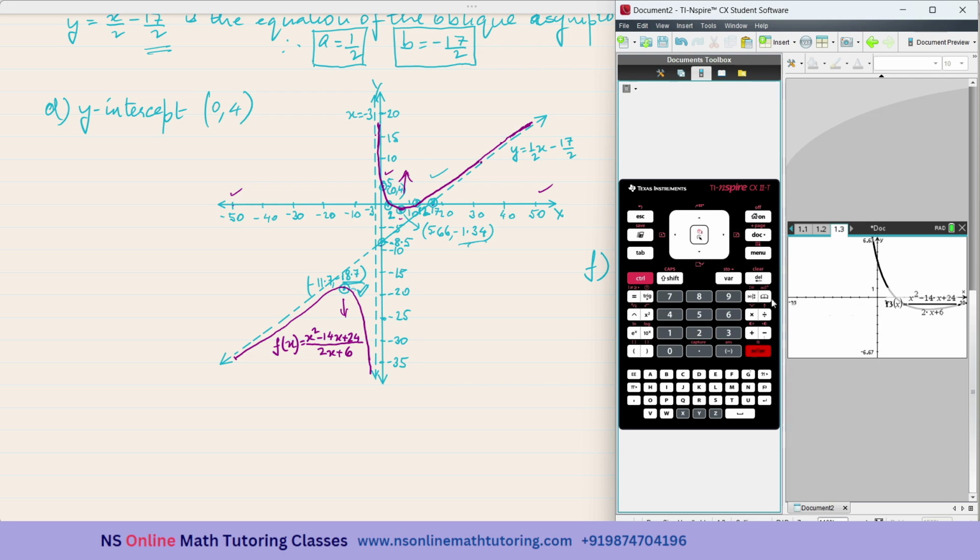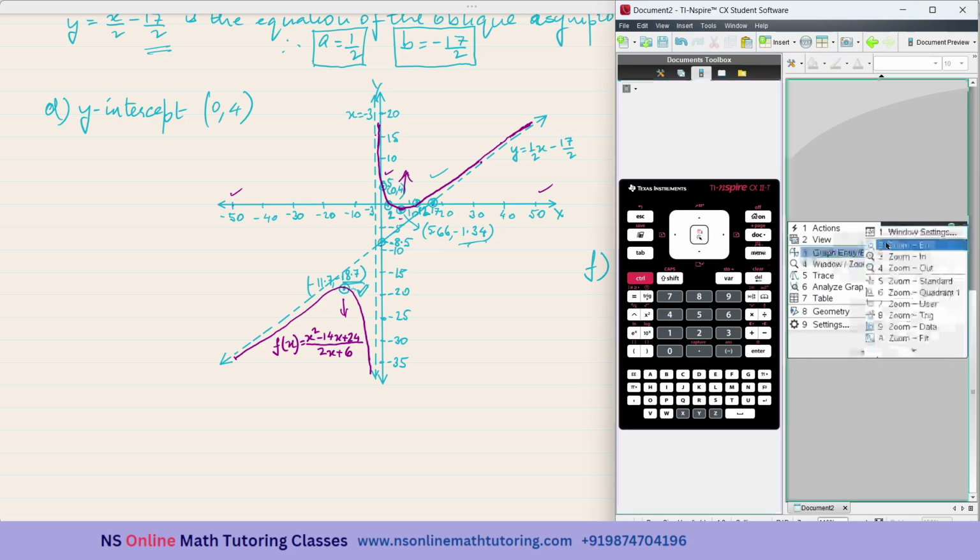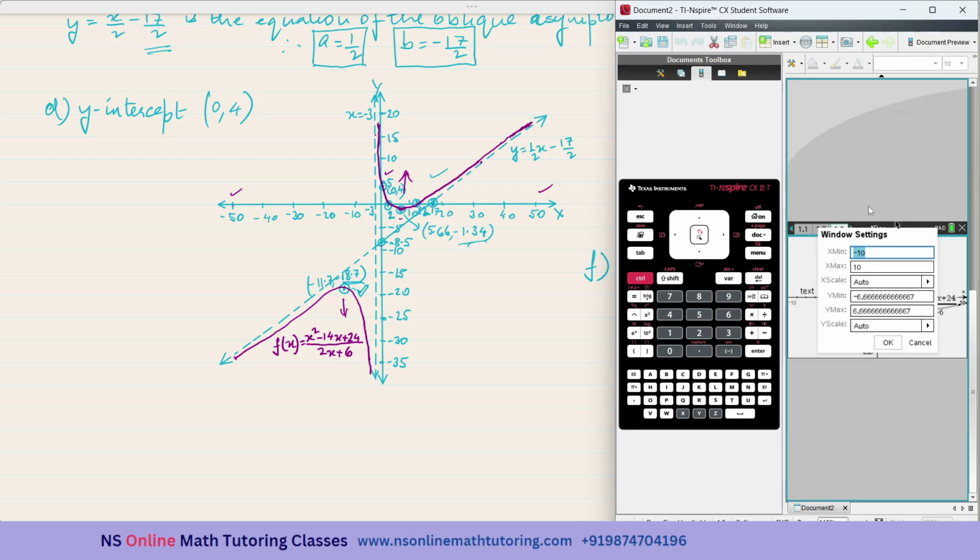Enter. Now I know the coordinates of the minimum and maximum points, so I can go to the window settings. Fair enough, I can take from negative 50 to positive 50. It doesn't matter.